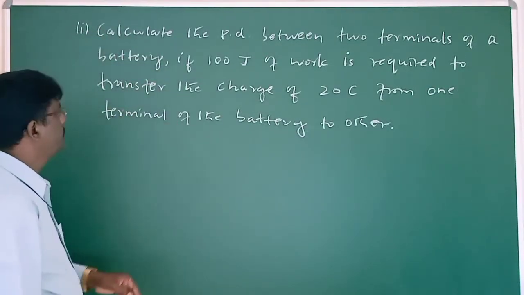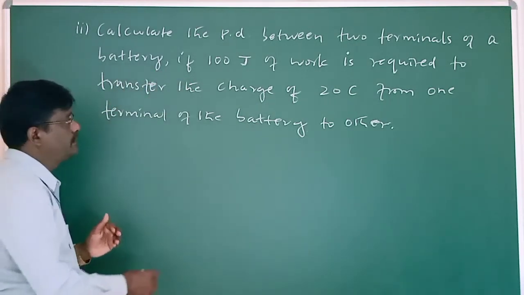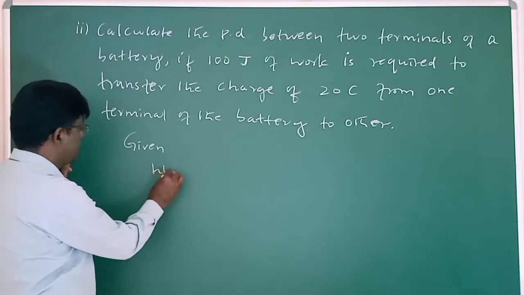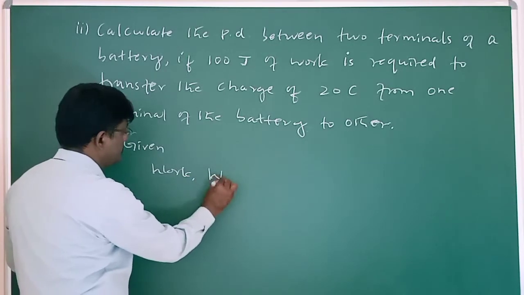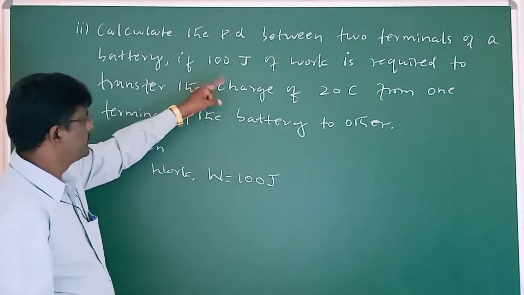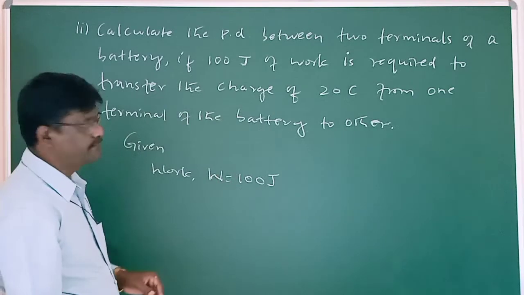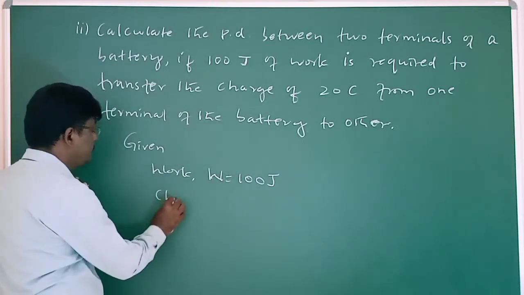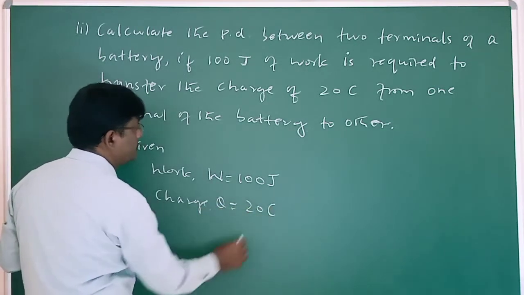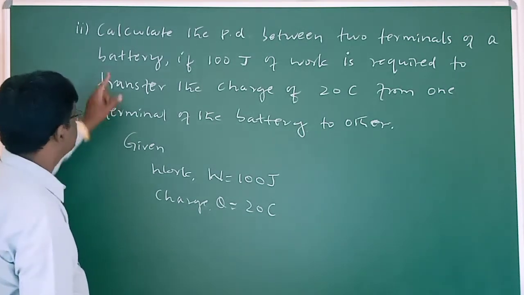Second sum. Calculate the potential difference between 2 terminals of a battery if 100 joule of work is done. Given work done W is 100 joule, required to transfer the charge of 20 C. Charge Q equal to 20 coulomb from one point to another point, the terminal. Next, what you have to calculate?